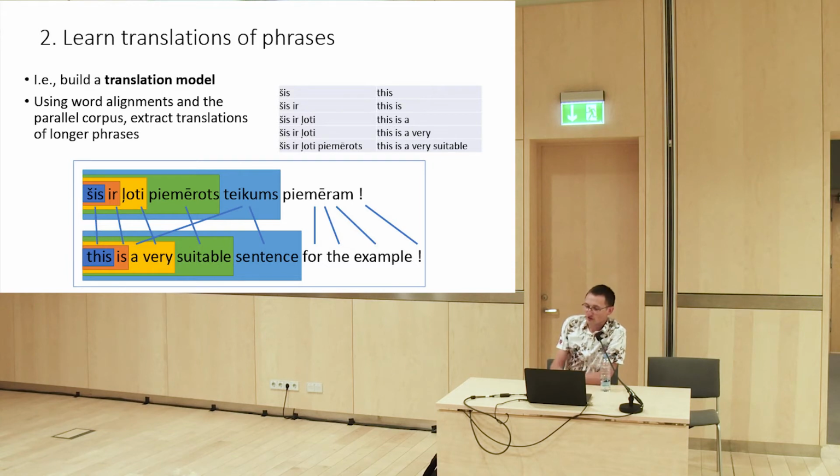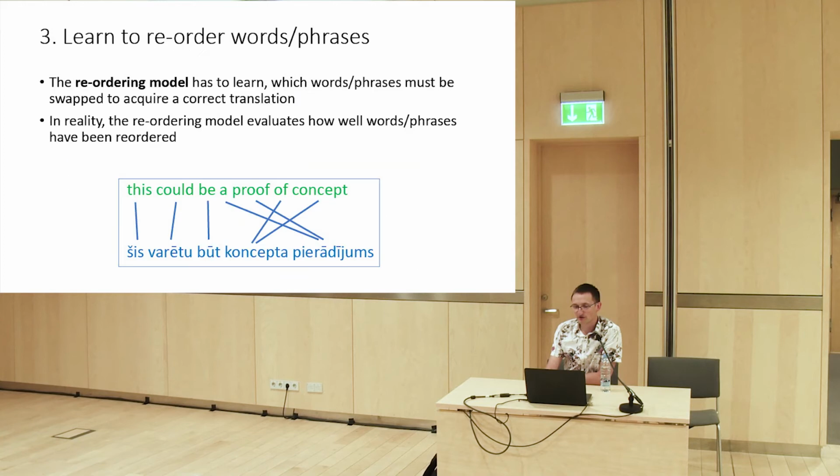So once we have the alignment model and the translation model, we learn also a reordering model that allows us to reorder phrases. And in reality, what it actually does is it evaluates how well we have assembled a hypothesis.